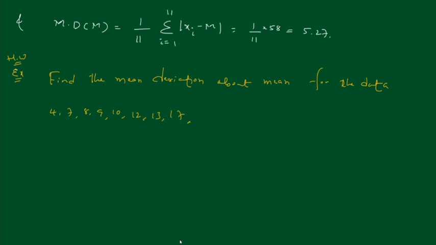And one more, the second one is 38, 70, 48, 40, 42, 55, 63, 46, 54, 44. These two examples you have to solve yourself, and let's check what the answer will be. Here we have to find the mean deviation about mean. So solve these two examples.